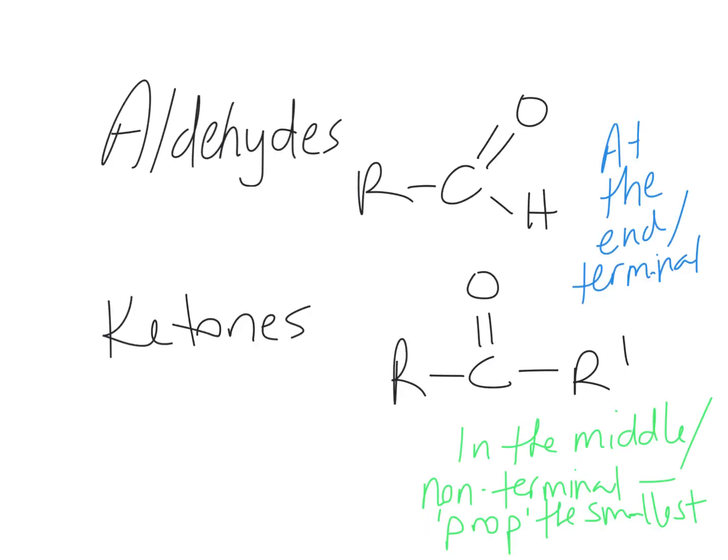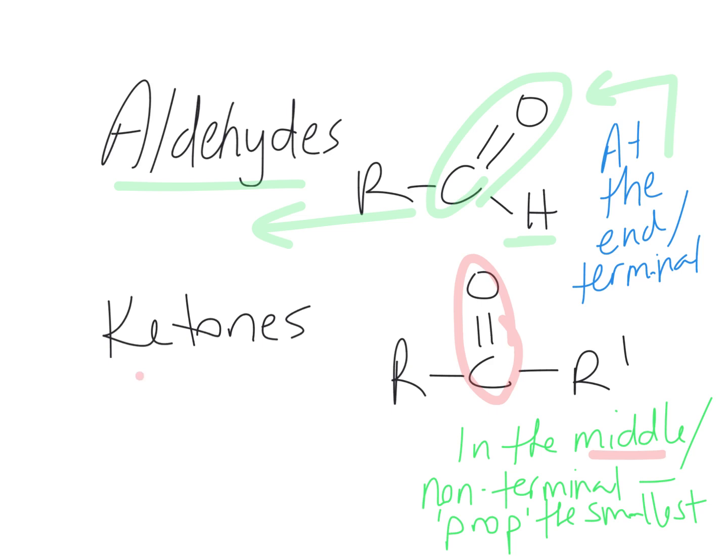Another way of looking at it is that aldehydes will always have that terminal carbonyl group. If you identify where the carbonyl group is in an aldehyde, you're going to see it's at the end. It's going to have just a hydrogen connected to that carbon, and then the rest of the carbon chain goes that away. Whereas for a ketone, the carbonyl group is always somewhere in the middle of the molecule.